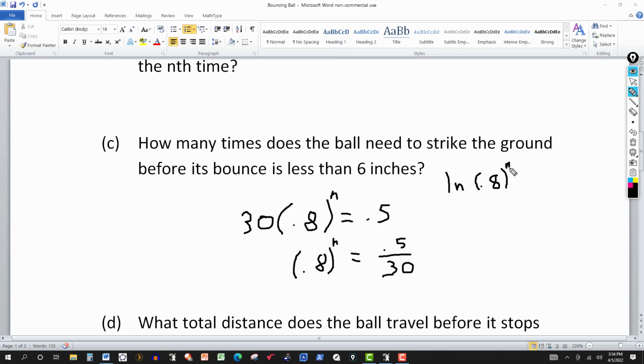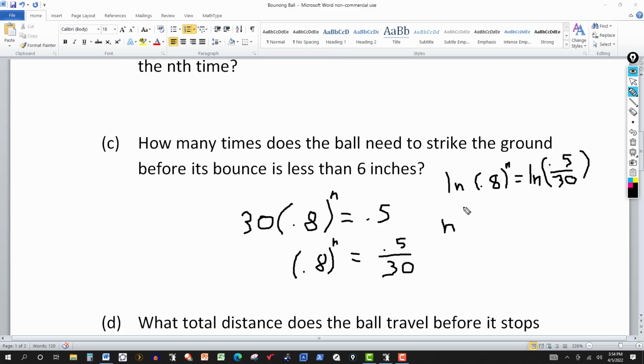Now I could use base 10, it doesn't really matter here, but I shall use natural log. So I have ln of 0.8 to the nth is equal to ln of 0.5 over 30. And this, of course, is this whole thing here. Properties of logs allow me to take this exponent here and bring it over here as a coefficient. So this would be n.